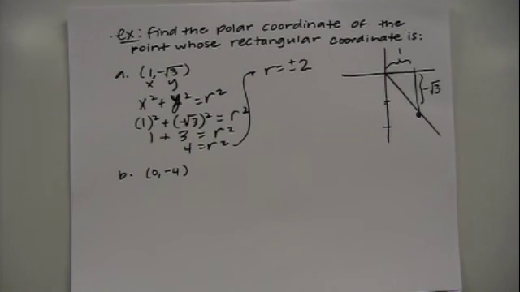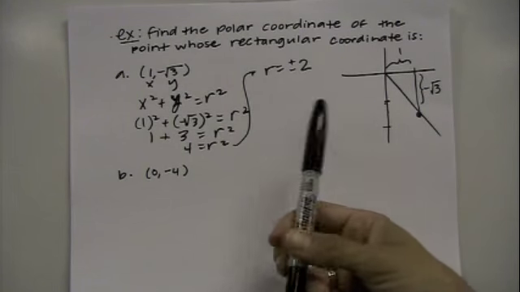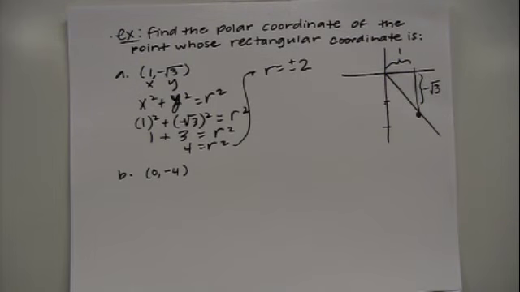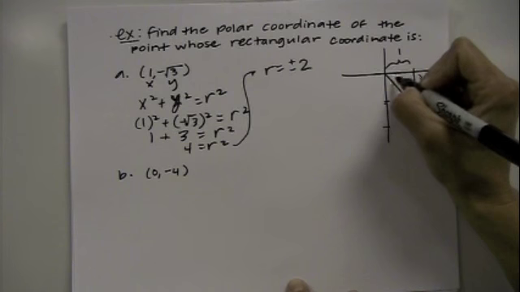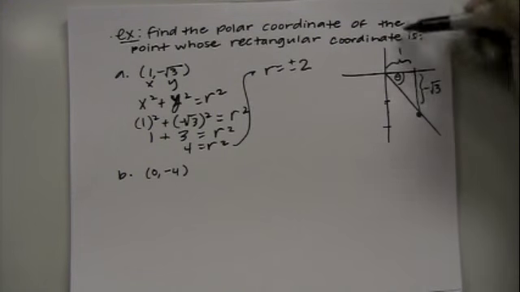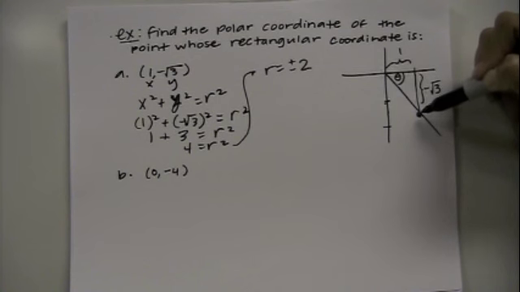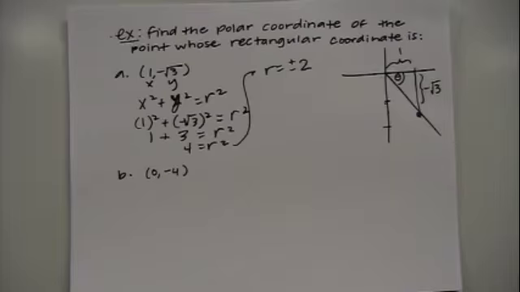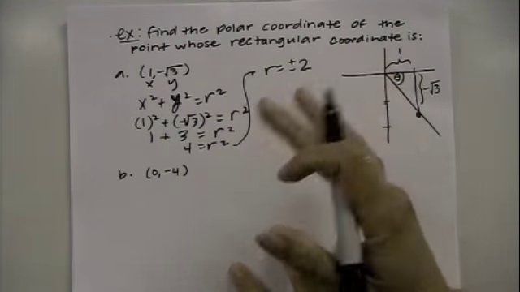The other thing I need to figure out, so I know I have 2 options for r. r can be 2 or negative 2. But I'm trying to find either this reference angle or the actual angle to get to this point if we want to think of this as a polar coordinate. And there's actually an infinite number of answers when we work this out, but let's go ahead and set up our last equation.